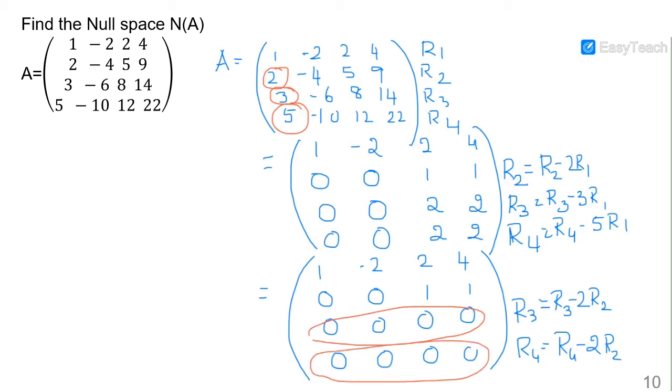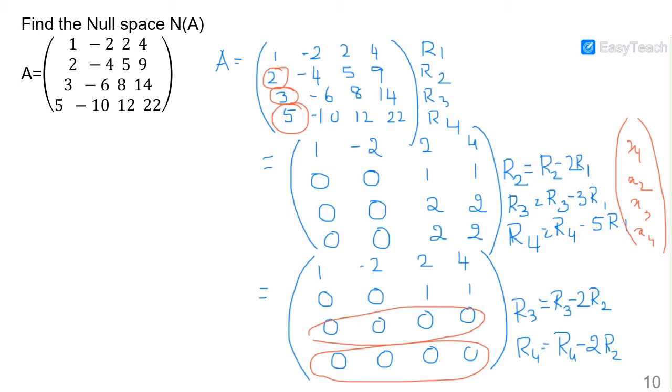So the rank of this matrix is 2, and if I multiply this matrix by x1, x2, x3, x4, I am going to get two equations corresponding to row 1 and row 2.